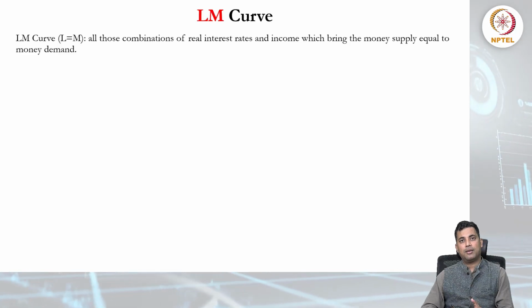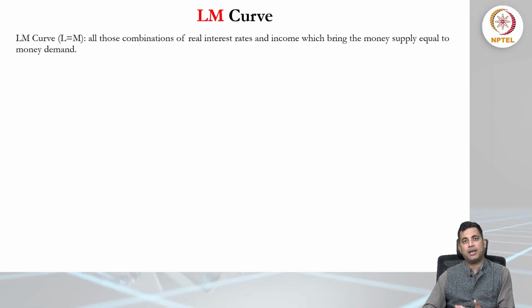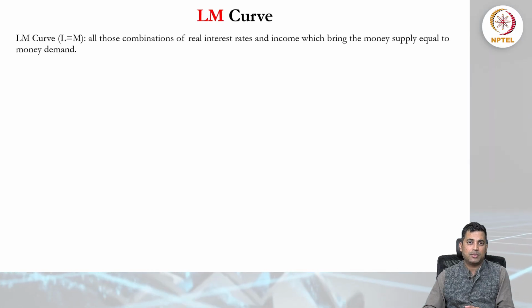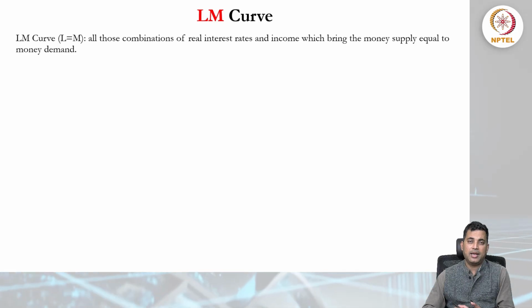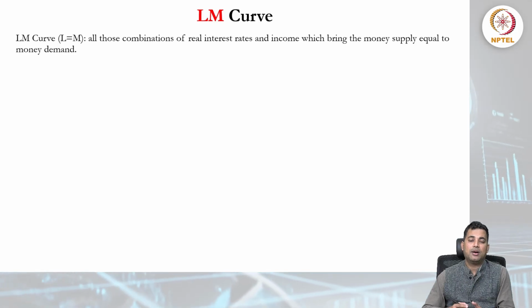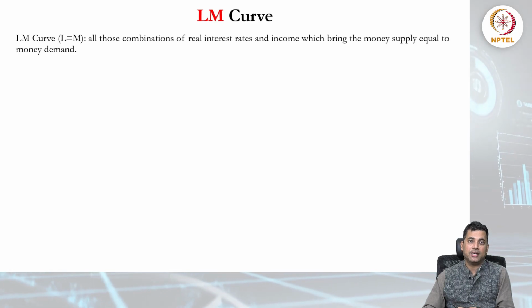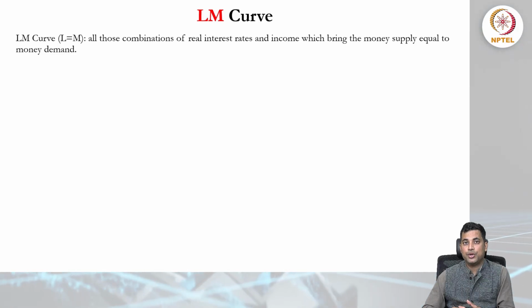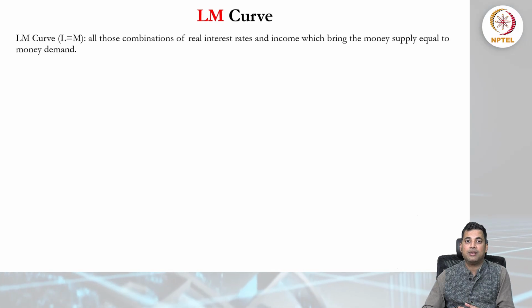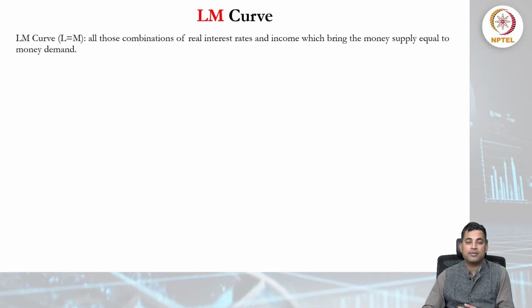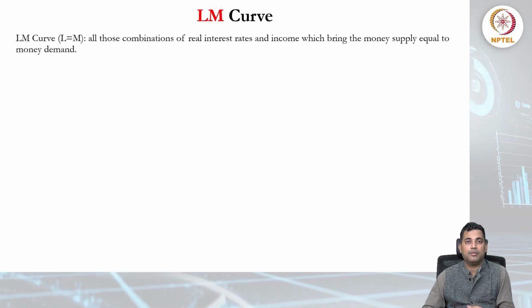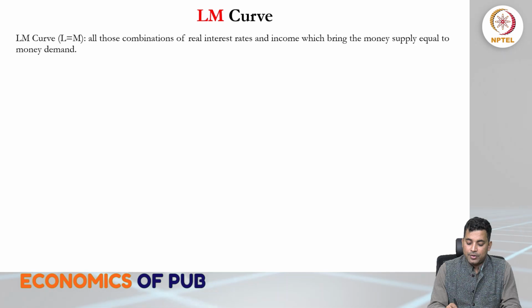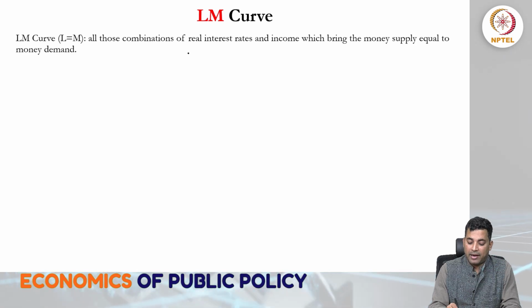The aim here is not to show you all the details about the LM curve. The aim and intention is not to take you through all the technical details of the LM curve, but to show you where the policy level interventions and policy level discussion come in, and that's how we will show the LM curve.